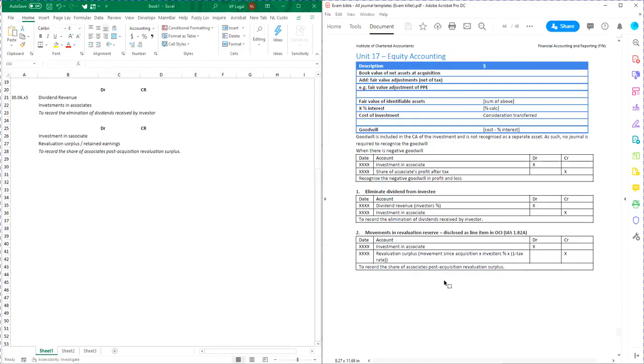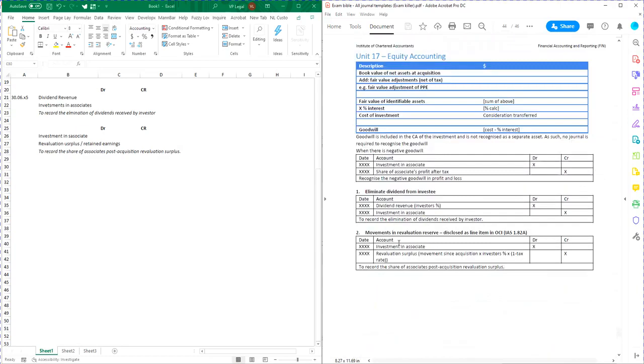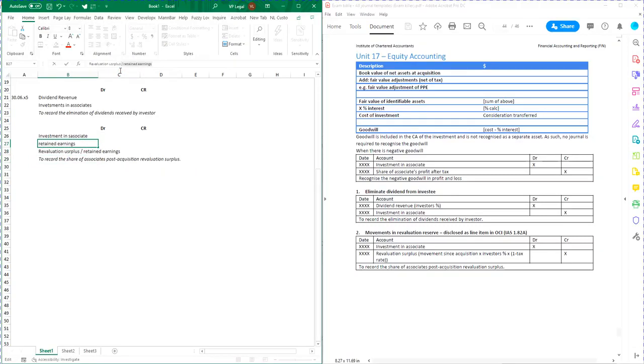Okay, so that's our second one. And our third one, oops, sorry, we're missing one. I'm just going to split this out into this.